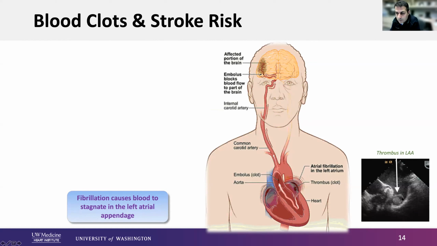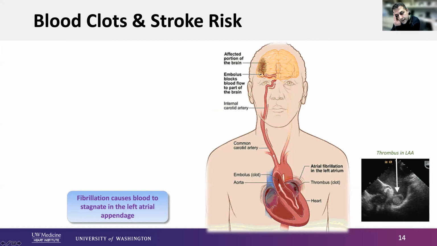So on the black and white image here on the right-hand side, this is an ultrasound image of the heart done through an ultrasound that goes down the throat and gets closer to the heart and takes very detailed pictures. But you can see that there is a blood clot right there, that circular thing that the white arrow is pointing to and my mouse is pointing to.